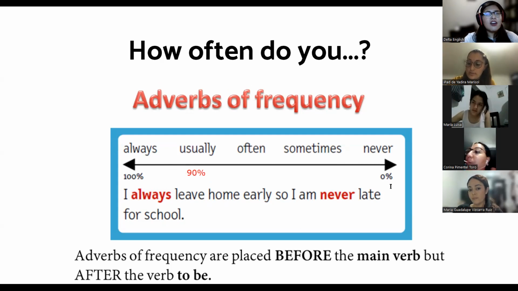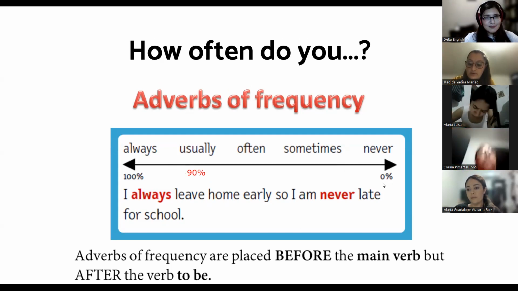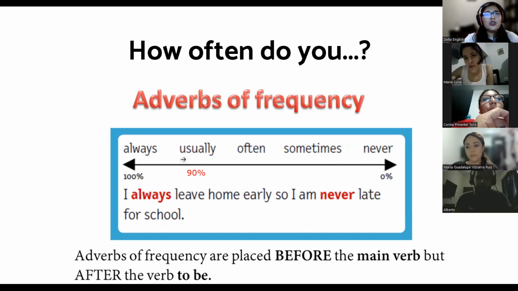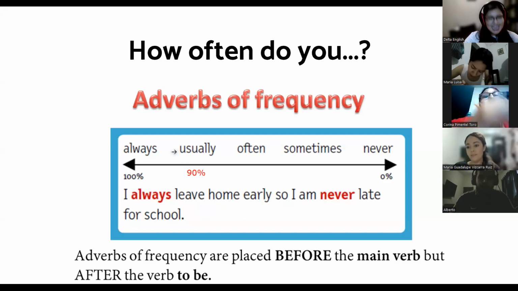Not always, but usually. Usualmente. Usually. Y esta S de aquí la voy a pronunciar como un sh. No voy a decir usually con s, voy a decir usually. Right? Okay. Go ahead and repeat usually. Usually. Yes. Excellent.